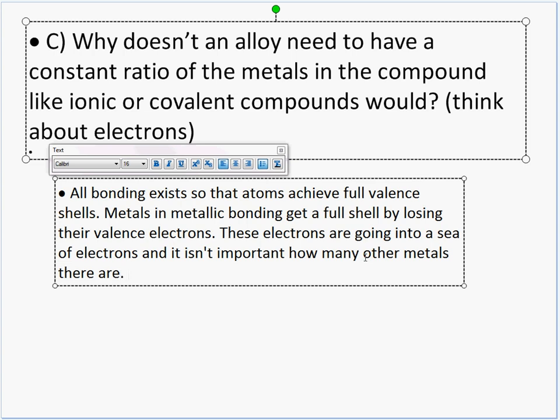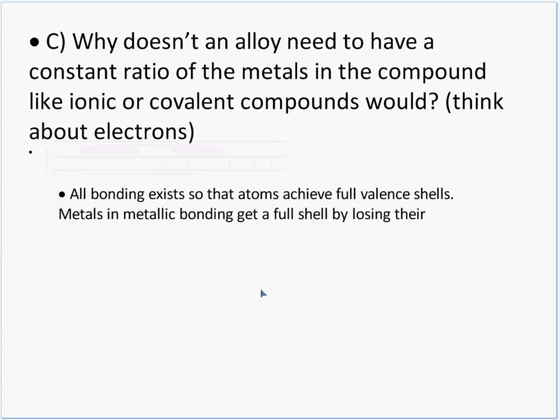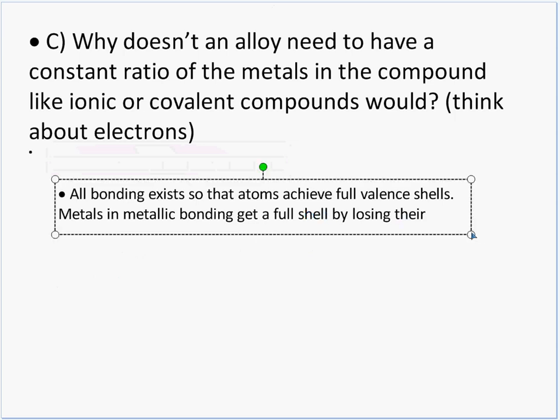They don't interact. Right? All that matters is that the metals lose their valence electrons. So as long as every atom has lost its valence electrons, it doesn't care what all the other atoms do. So they don't have a constant ratio.